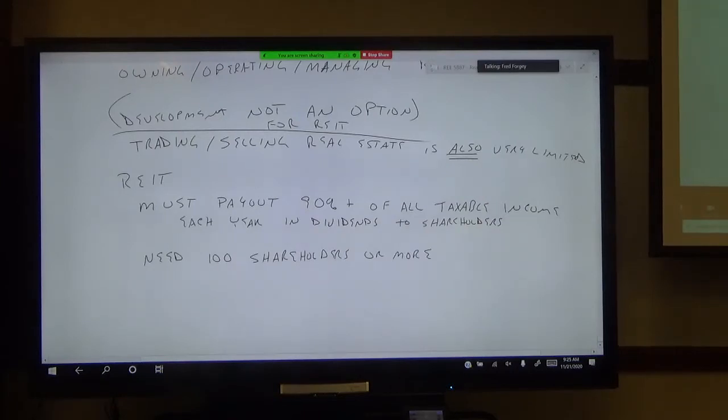And within that ownership structure, no more, or let me phrase it a little bit differently.